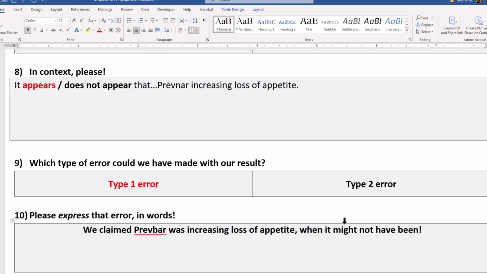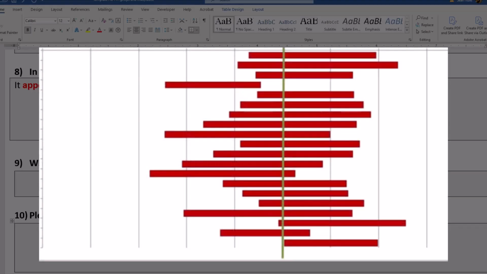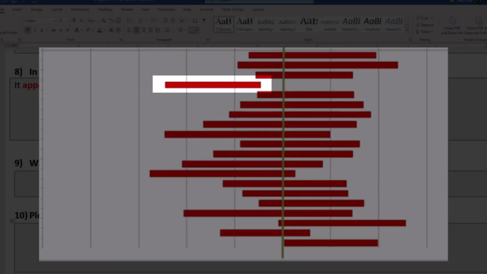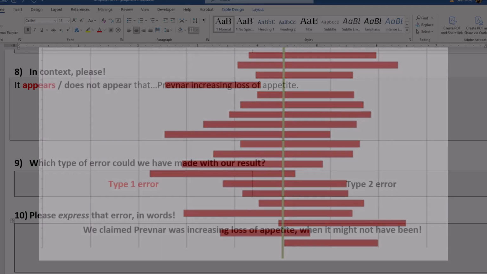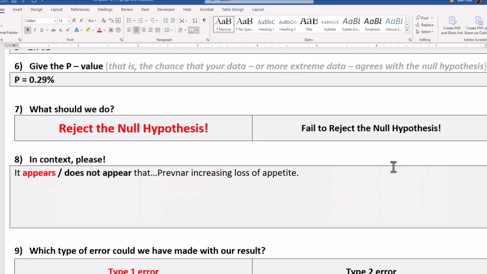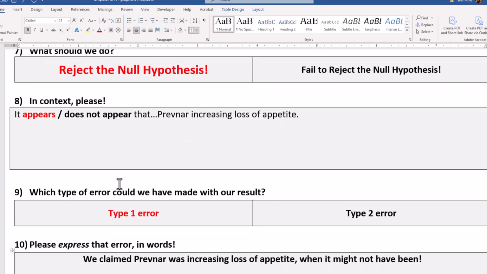Maybe we just got deviant data. And again, you're never going to know if you have deviant data. It goes back to the problem with confidence. You never know if you're that one interval out of 20 that escapes the 95% confidence accidentally. The best you can do is act appropriately, which is reject the null hypothesis when you have a small p-value, and then comment on the fact that you could be in error, but we did the right thing.